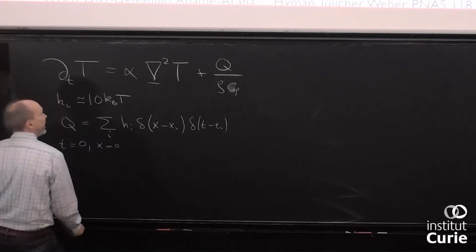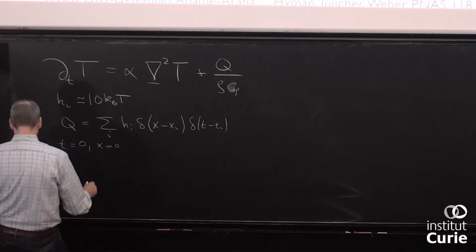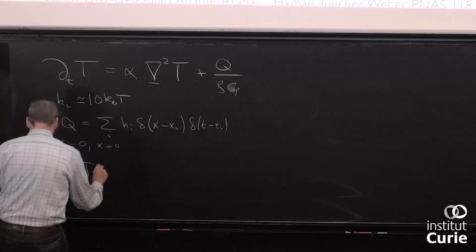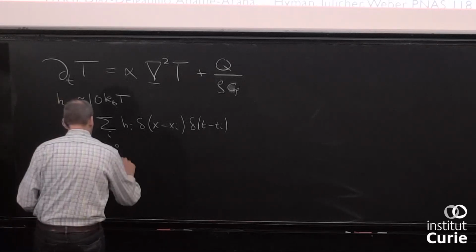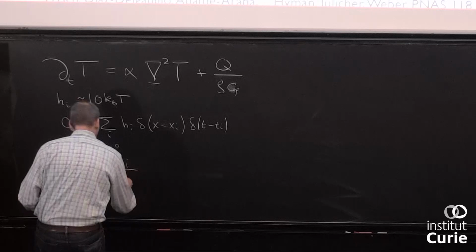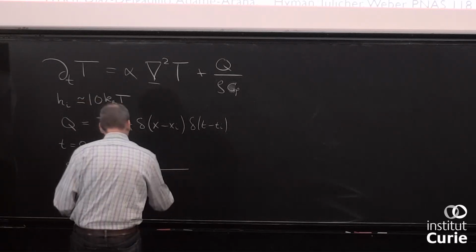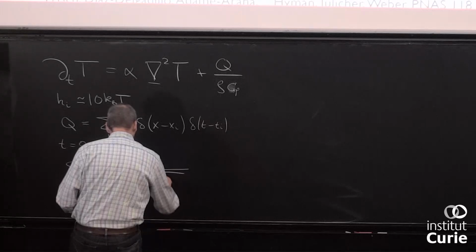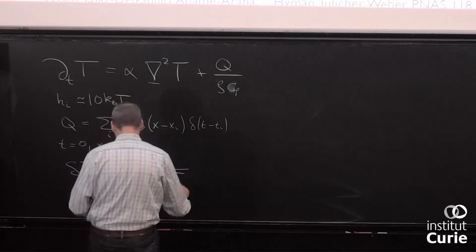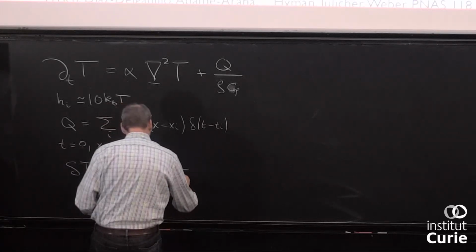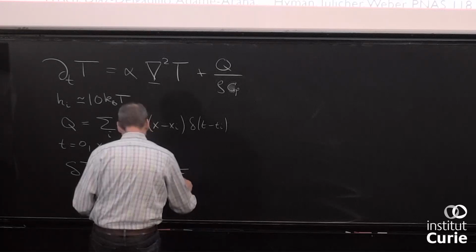Then we have a perturbation of temperature which has an amplitude h_i over rho Cp, and then behaves like a Gaussian that spreads. Alpha is the thermal diffusivity of temperature.